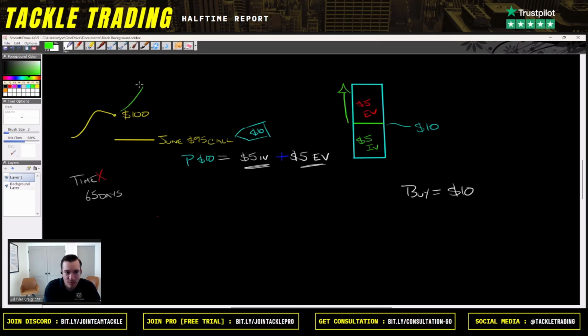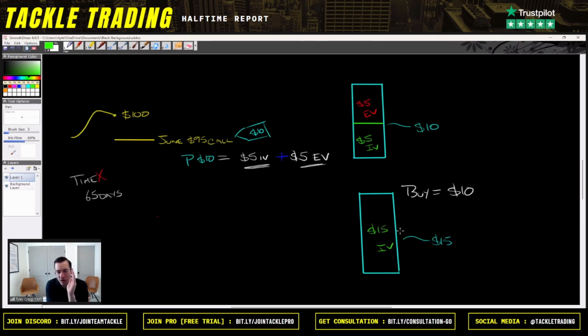Okay, I'm hoping the stock will go up and the 95 call will be deeper in the money, so it has more intrinsic value. So if I'm lucky, at expiration, I'll have this call option and the stock will be up at 110 and the call will be $15 in the money. And it'll be worth 15 because it has $15 of intrinsic value.